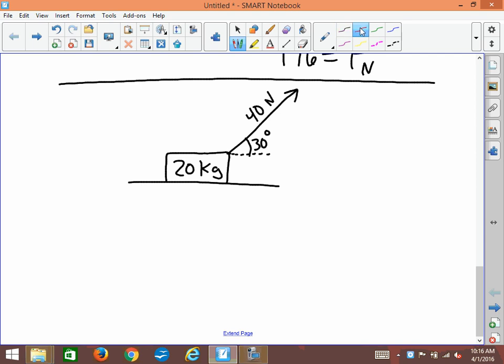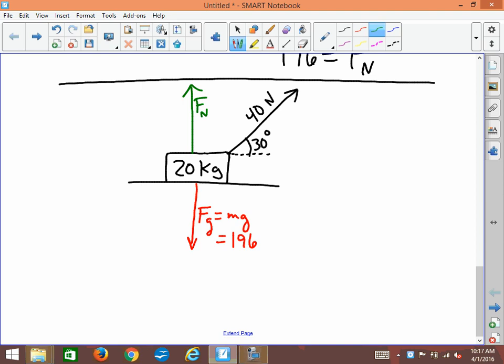Now let's add in our gravity force, which we know is going to occur, and mg, which is m times 9.8, it's still 196 newtons. That doesn't change. And now we know there will be a normal force that's pushing up. But because my 40 newton force is on an angle, it has uppy-downy and lefty-righty parts.